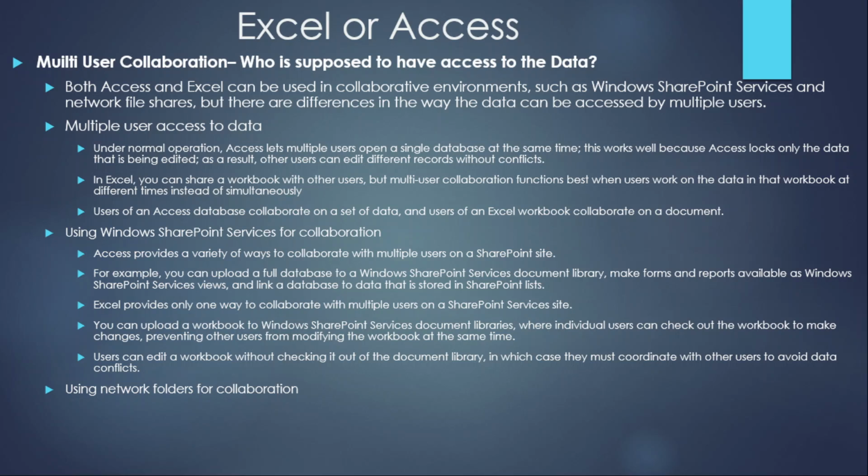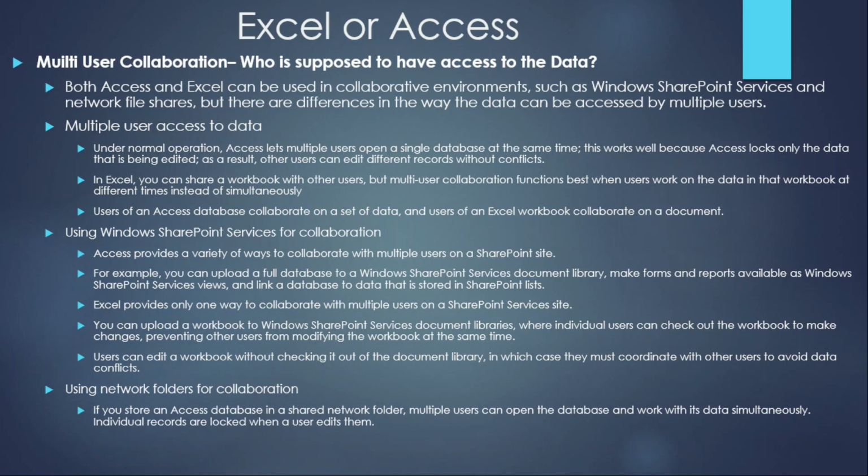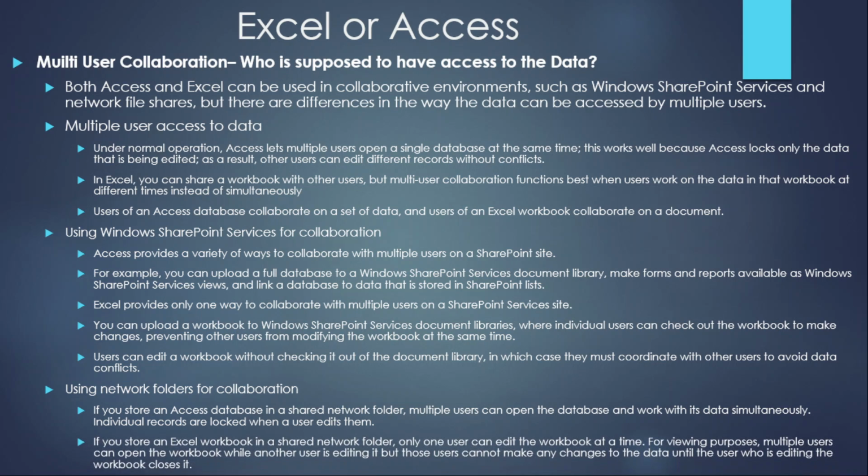So, using network folders for data collaboration, if you store an Access database in a shared drive, multiple users can open the database and work with its data simultaneously. Individual records are locked when a user edits.